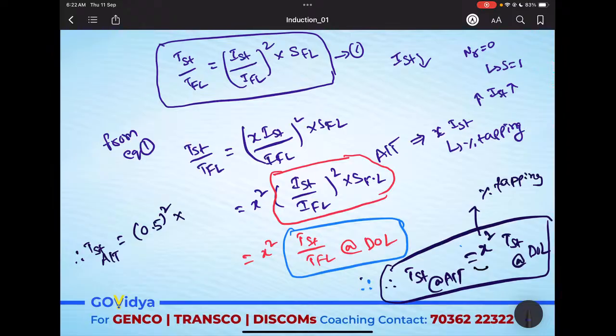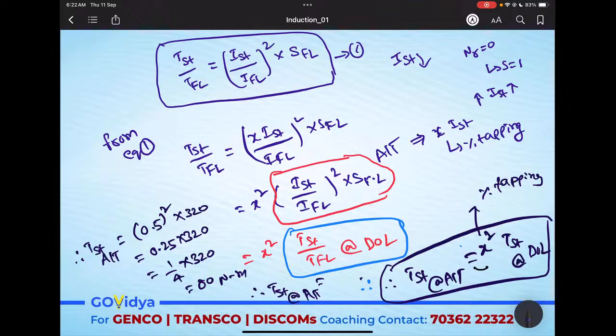What is that formula given? 320. It will be 0.25 into 320. We can write 0.25 as 1 by 4 into 320. From this we will get 80 Newton meter. Therefore starting torque at the rate of auto transformer method is given as 80 Newton meter.